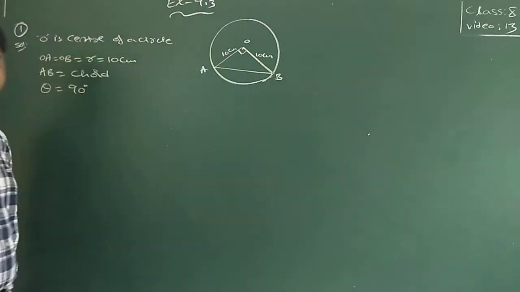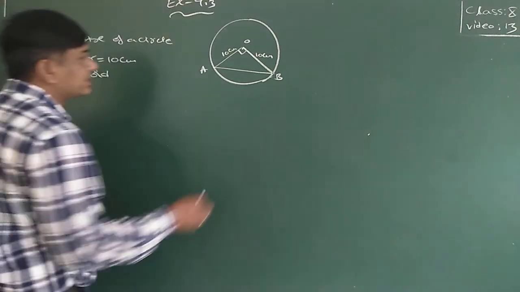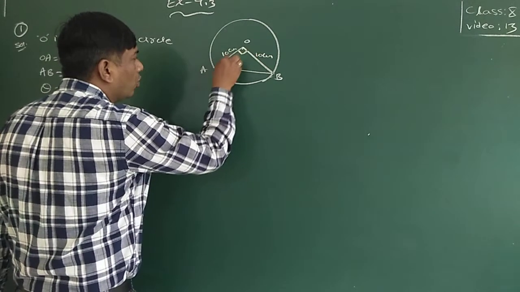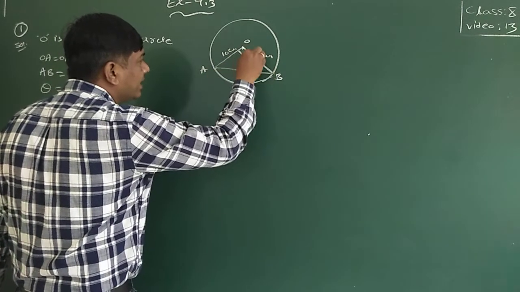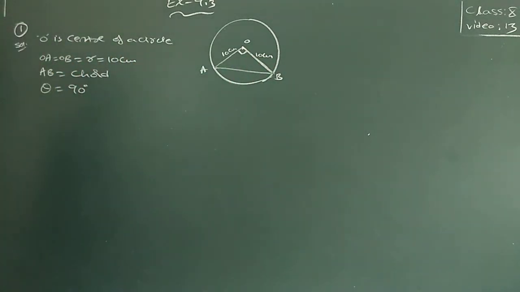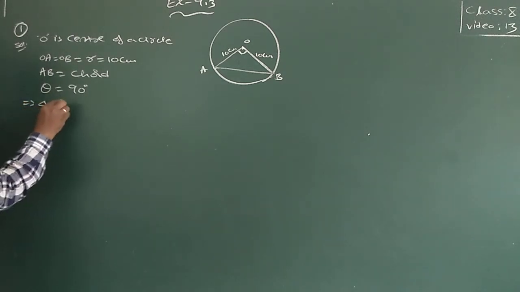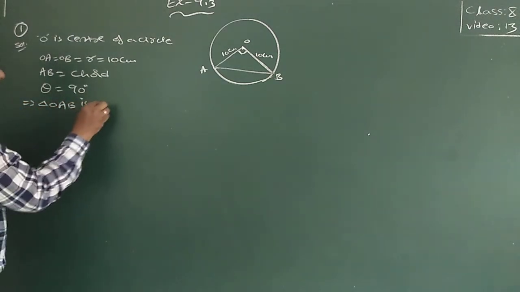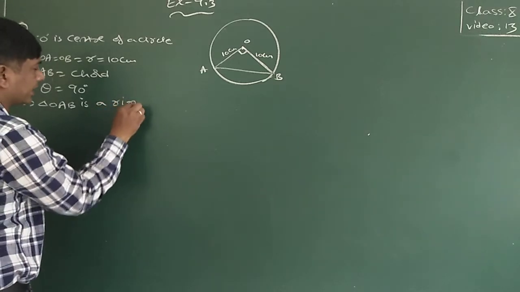Since it is 90 degrees, triangle OAB becomes a right angled triangle.